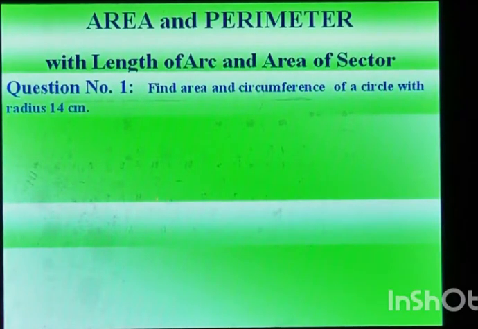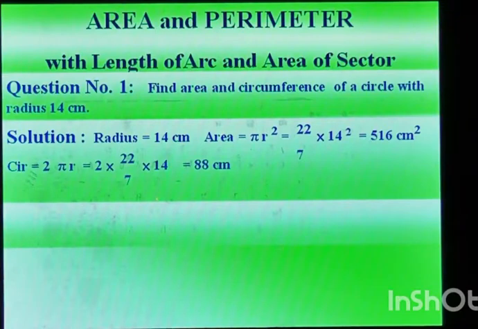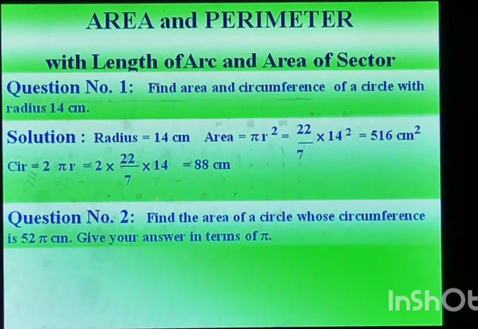Find area and circumference of a circle with a radius 14 centimeter. It's a very simple question. Obviously, you need to just mention what is the area, write down the formula, plug in the values. You will get first area pi r square, then circumference from 2 pi r. And then question number 2, find the area of a circle whose circumference is 52 pi.